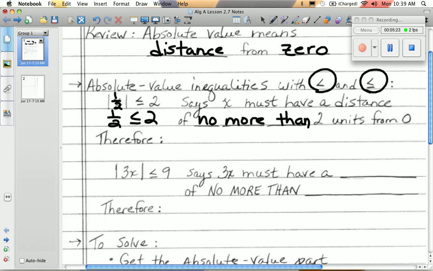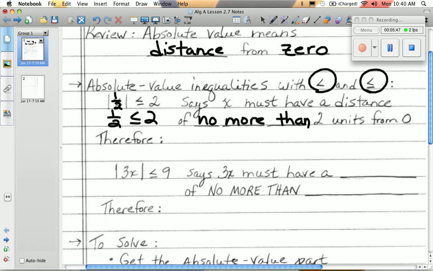Well, here's the deal with absolute value inequalities. We can't begin to list all of those numbers. We can't begin to list all of the numbers that are no more than 2 units away from 0. So we have to write it as a compound inequality, like we have been doing. When we have a region of numbers that satisfies it, then we have to write it as a compound inequality.